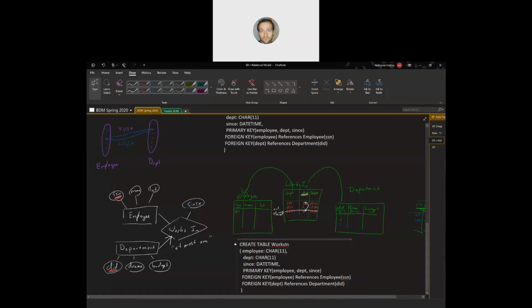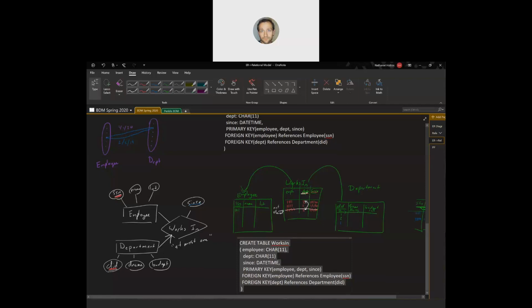Here I've created this works in table, which is another way to write this works in table using more SQL-like language.